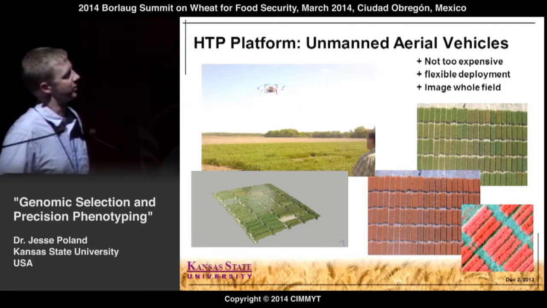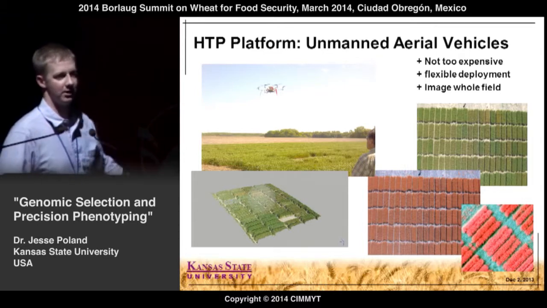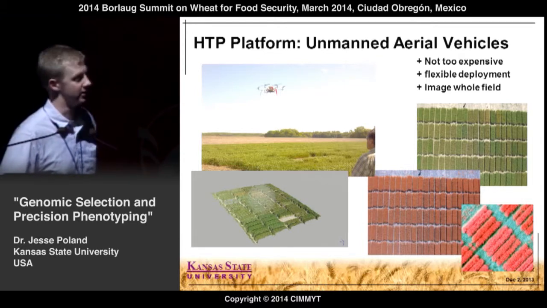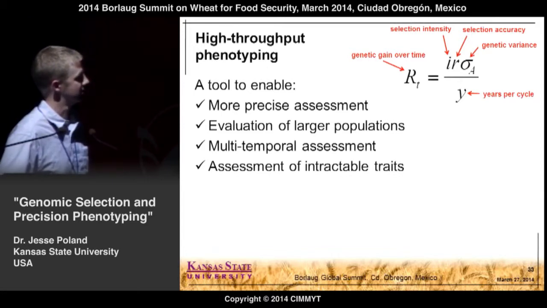We can also take this approach to some of these unmanned aerial vehicles and be able, at a lower resolution, to start to look at the field as a whole. And so to sum up on the high-throughput phenotyping, this really enables more precise assessment, evaluation of larger populations, and so really increasing this selection intensity and selection accuracy.